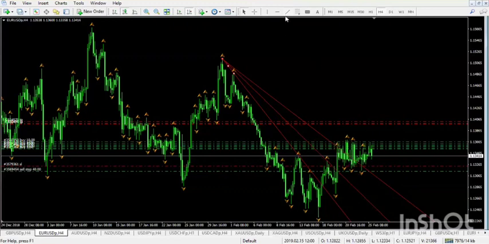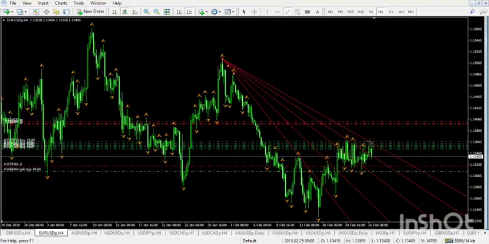Right now I'm only connecting it to the ones that are equivalent to it, the ones that are upward. And the next one is here. And this is another swing high. So these are my swing highs from the top.